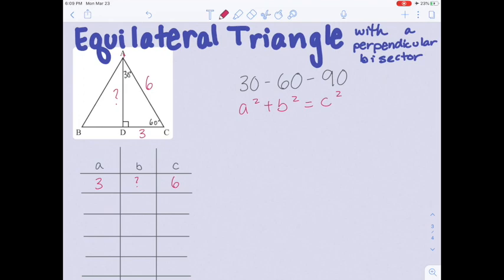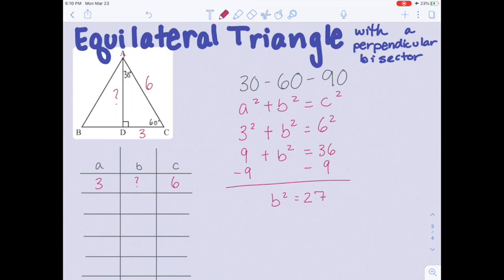A is 3 for this first problem, plus B squared equals 6 squared. 3 squared is 9, plus B squared equals 6 squared, which is 36. We subtract 9 on both sides, and we get B squared equals 27.